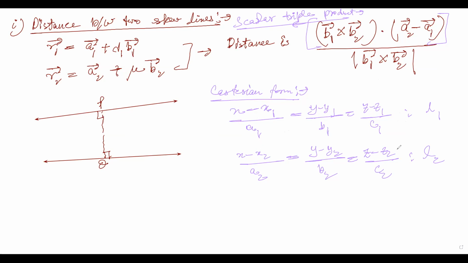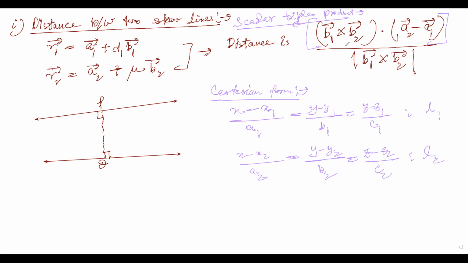We'll get a vector with i, j, k components.